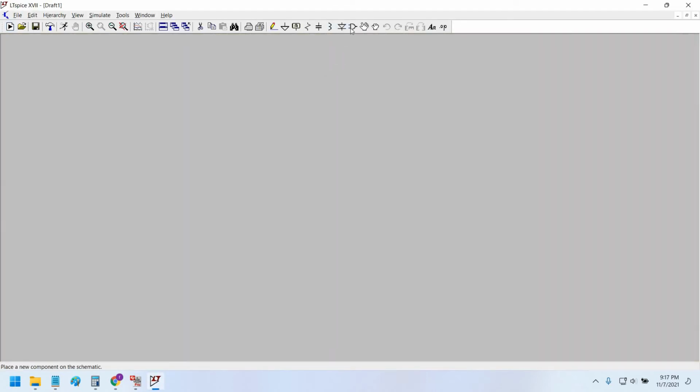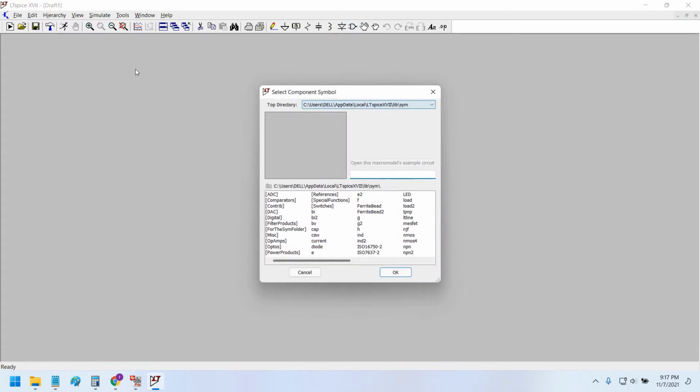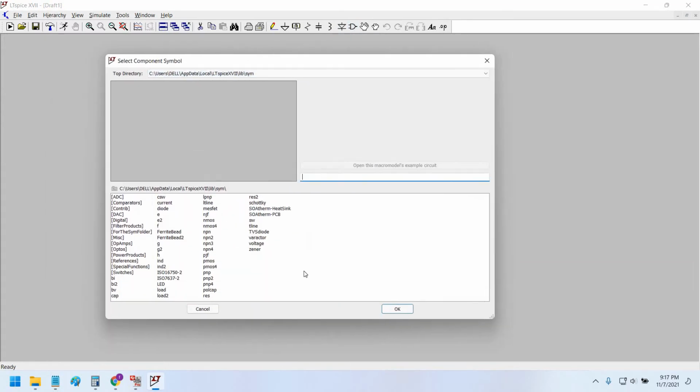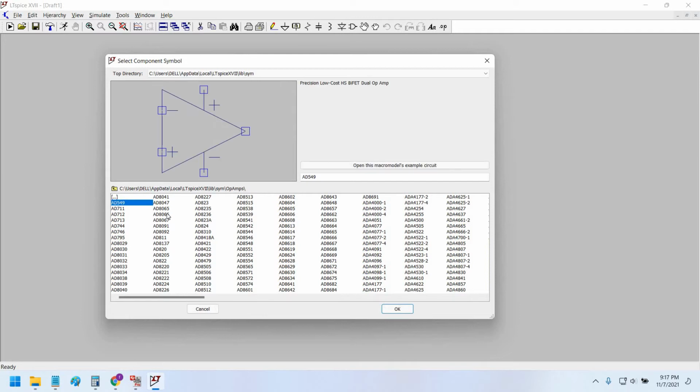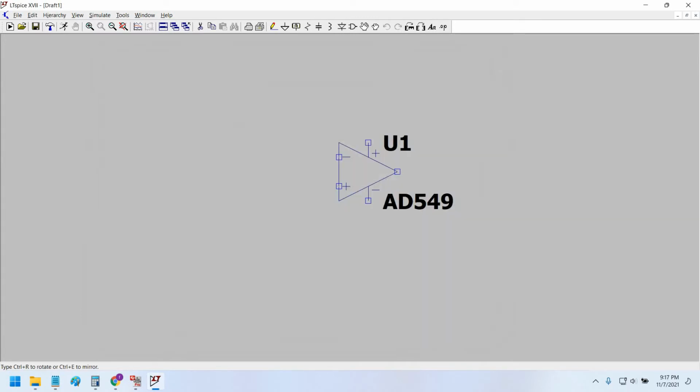New. Now let's select, first of all select op amp. AD549. Let's select the very first AD549.